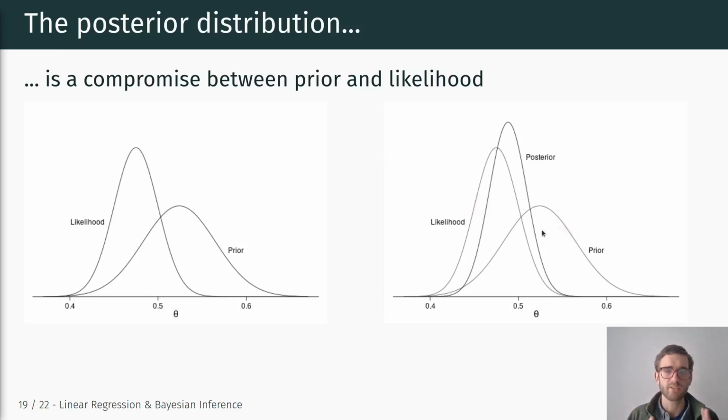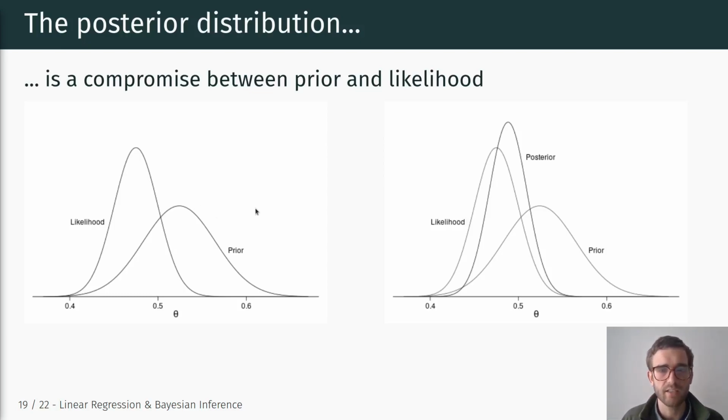Okay, so we can think about uncertainty as the spread in the likelihood and the spread in the prior, and depending on how much precision there is in the prior and in the likelihood, the posterior distribution is ultimately affected more by whichever distribution is more precise, right?